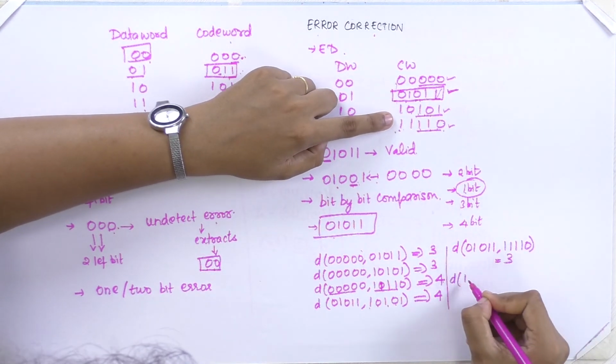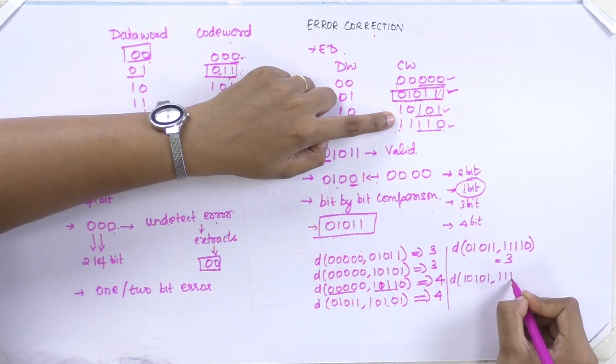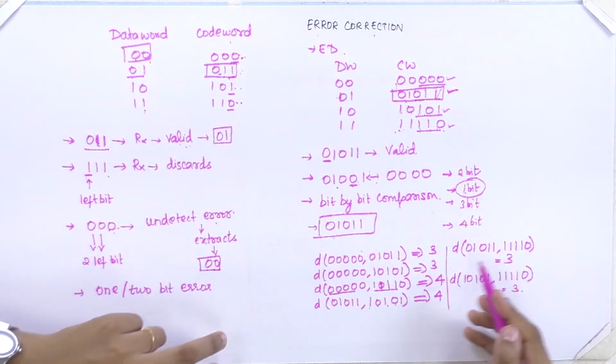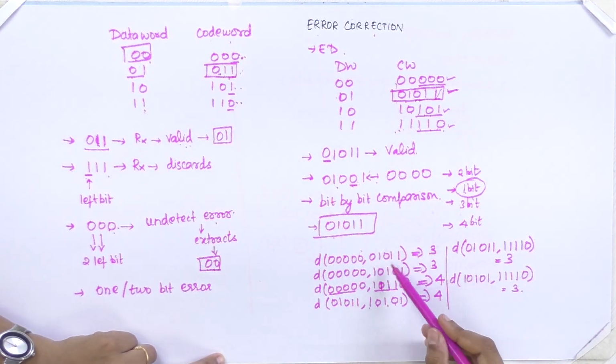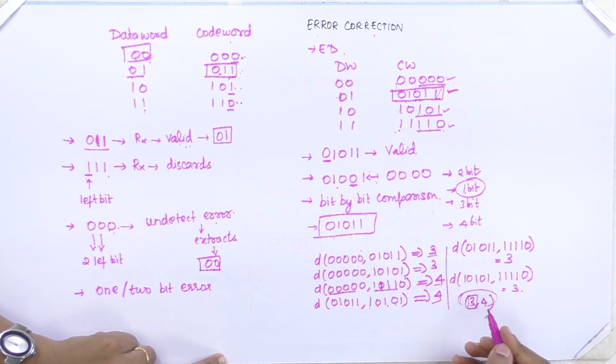And finally coming to the last combination, 10101 and 11110. In this case it is 3. So the combinations of these code words give a distance of either 3 or 4. In this you have to take the minimum distance, which is a concept called the minimum Hamming distance that the receiver will identify.